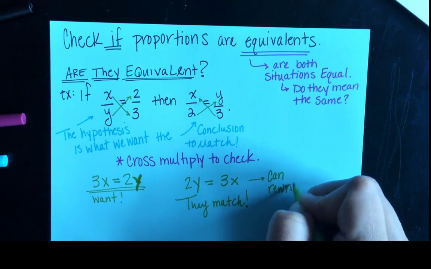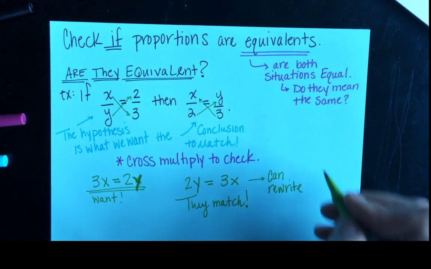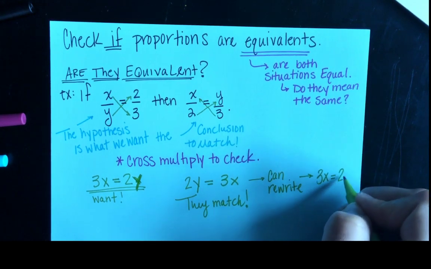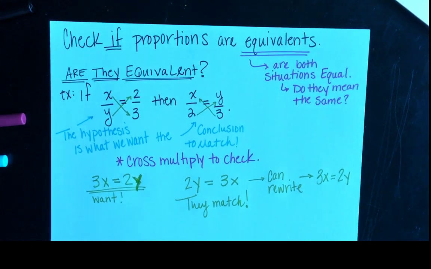Because we could rewrite it by what property? What property says that we can move them on either side of the equal sign and they stay the same? We had a bunch of properties. We had reflexive, which I now have you guys picking up on real fast. We had transitive, we had substitution, we had symmetric. So what allows us to move things to either side of our equal sign? Reflexive, symmetric, substitution, or transitive.